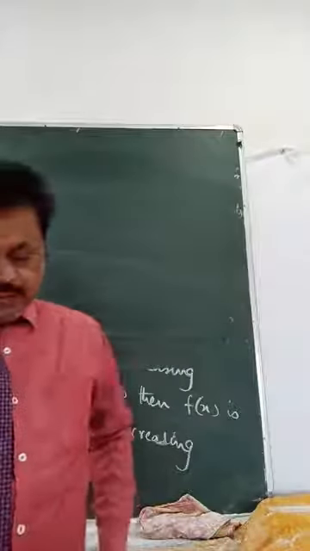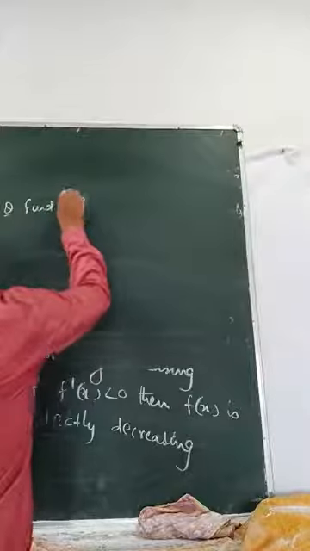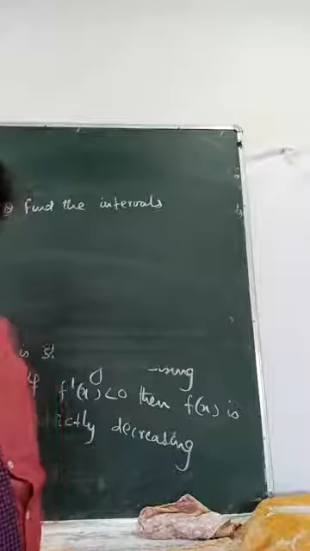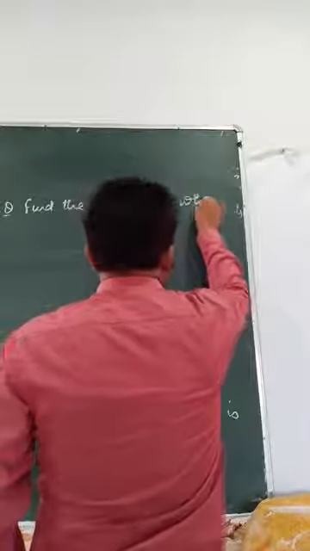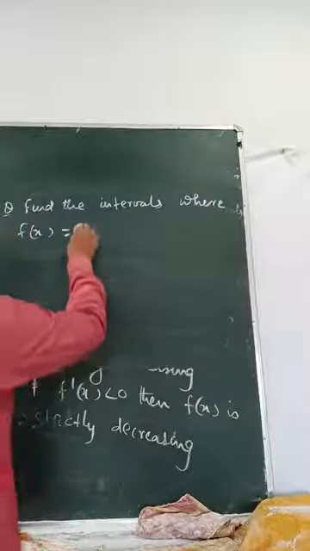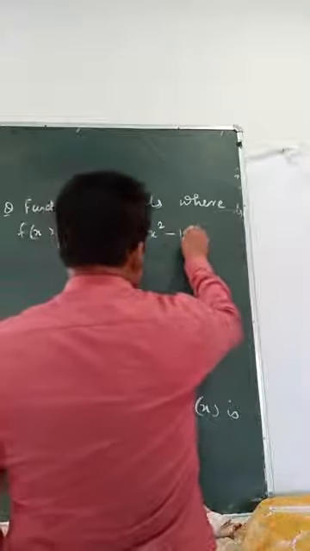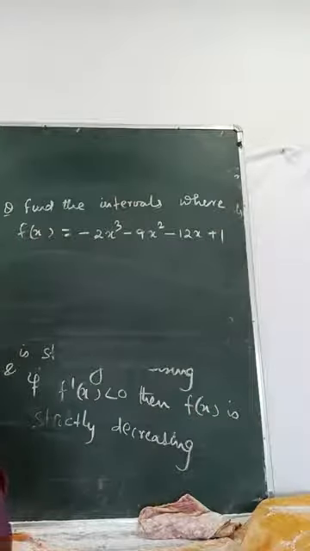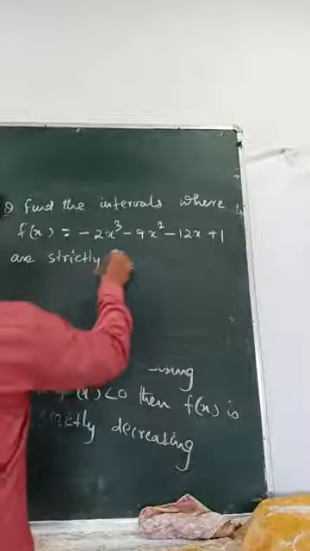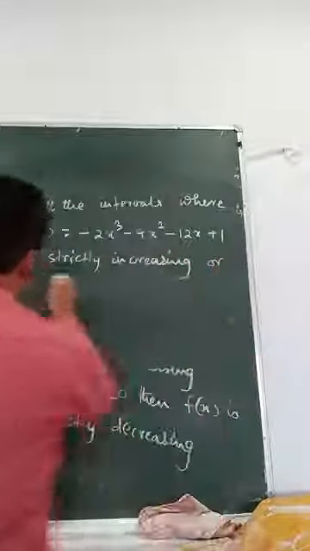Suppose I have a question: find the intervals where f(x) equals minus 2x cube minus 9x square minus 12x plus 1 is strictly increasing or decreasing.